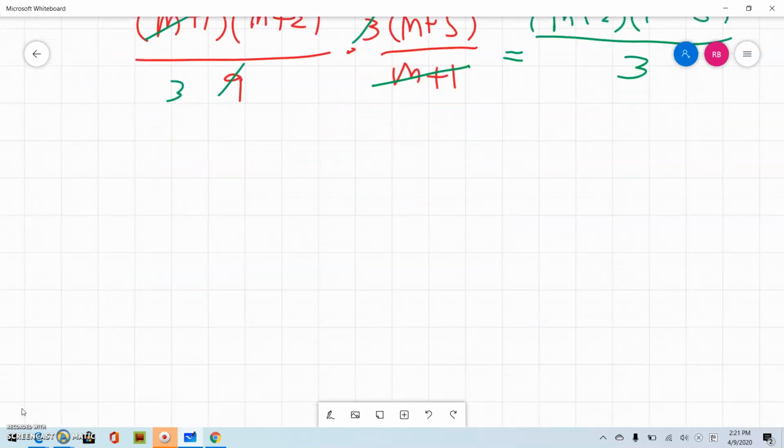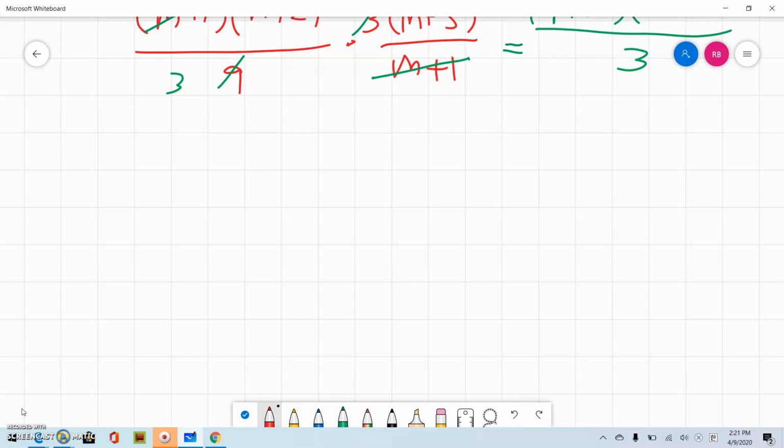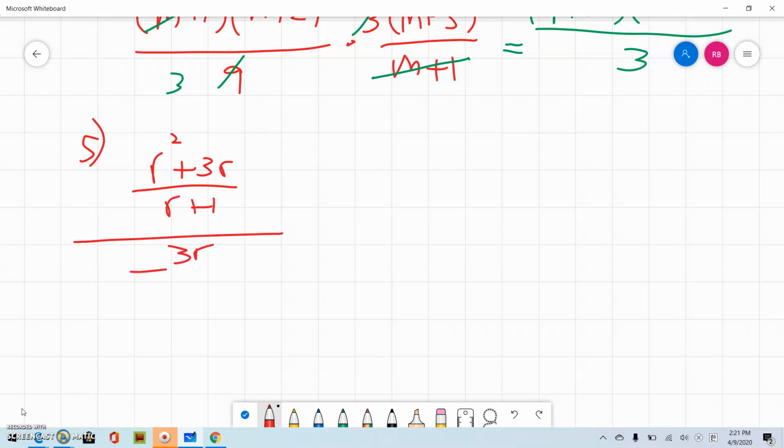Okay, 5. R squared plus 3r over r plus 1, and 3r plus 3. With the complex fraction, I'm going to show you one way you can do it, which is applying the division. So let me rewrite them in terms of factors.